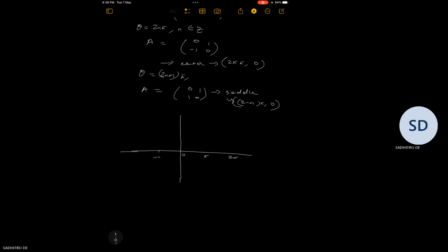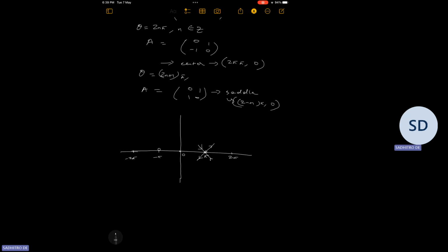Again, 2 pi, minus 2 pi, and so on and so forth. Okay, so the origin is a center as we saw earlier. Points at minus pi and plus pi are basically saddle points, and they have the same eigendirections. So the eigendirections we had calculated previously are: the unstable eigendirection is the 1, 1 direction, and the stable eigendirection is the minus 1, minus 1 direction. So this is the stable direction.